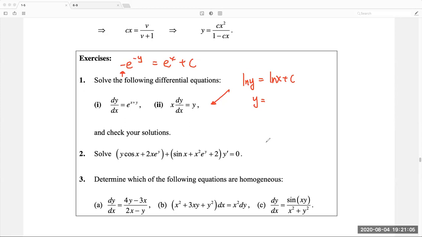Well, y equals cx. But the c are different c, okay? So you can put it as kx.